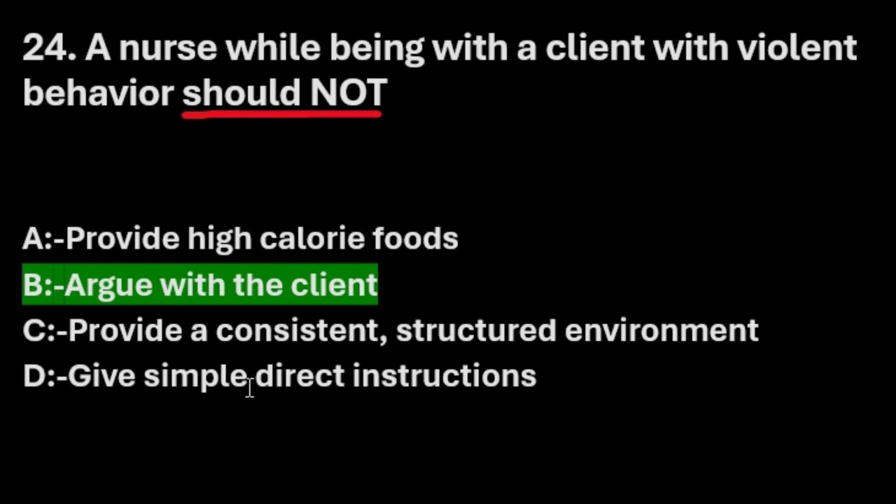Then give simple direct instructions will help him to understand. Complicated instructions will trigger him. So this is also a correct option. Here argue with the client is not the correct behavior, because arguing will not solve the problem. It will escalate the problem and it will further deteriorate his condition. So arguing with a violent client should not be done by a nurse.